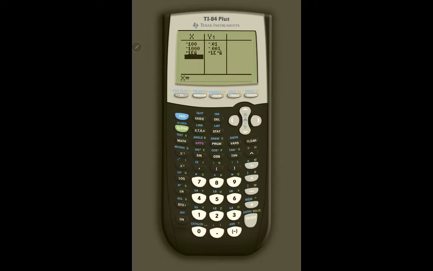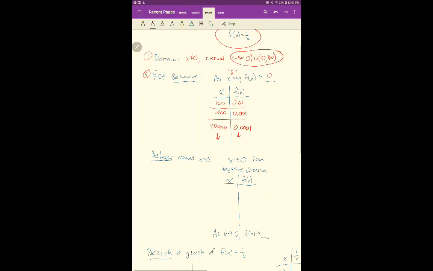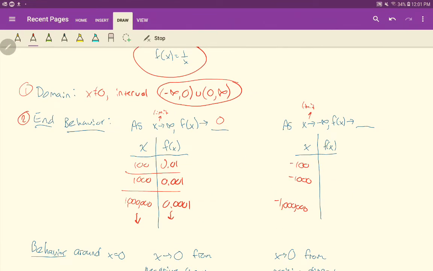And look at that, we get the same kind of answers here. It's just the sign that is negative now: negative 0.01, negative 0.001, negative 0.0001, and negative 0.000001.